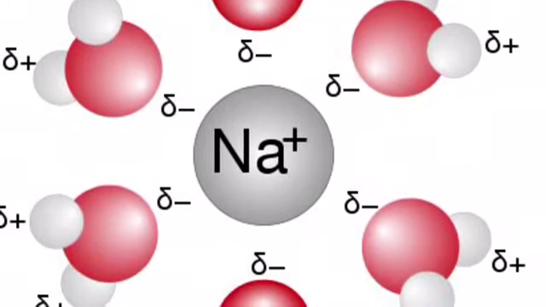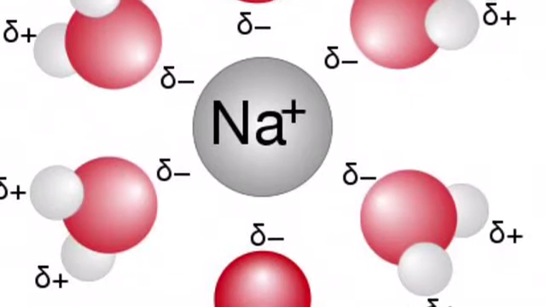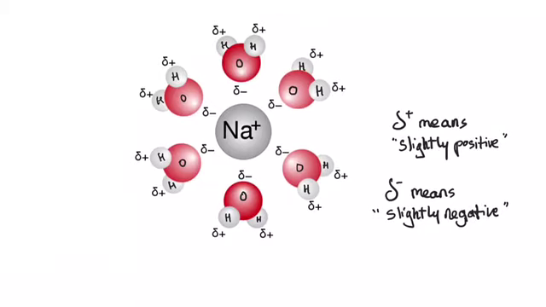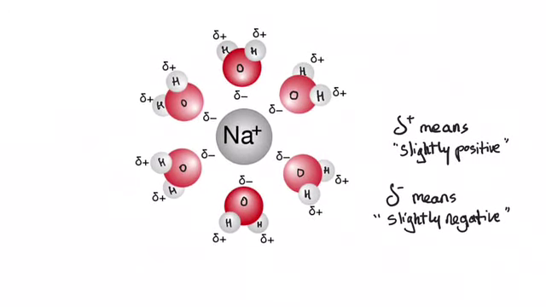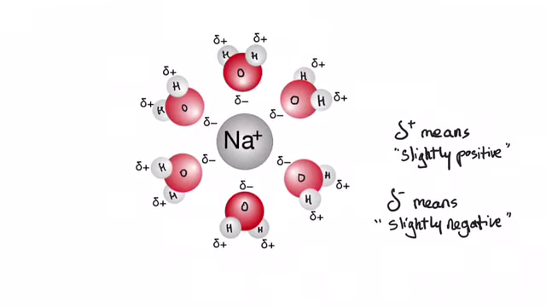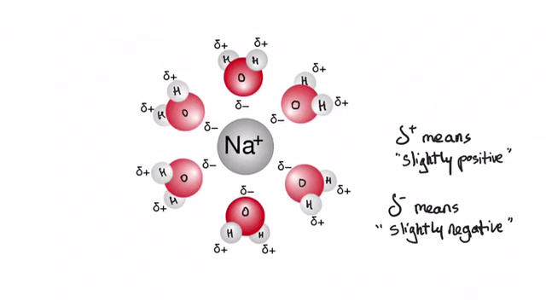You should also recall that water molecules are polar. They have a hydrogen end of the molecule that is slightly positive and an oxygen end of the molecule which is slightly negative. In this diagram, oxygen is represented as the red sphere and hydrogen as the grey spheres.